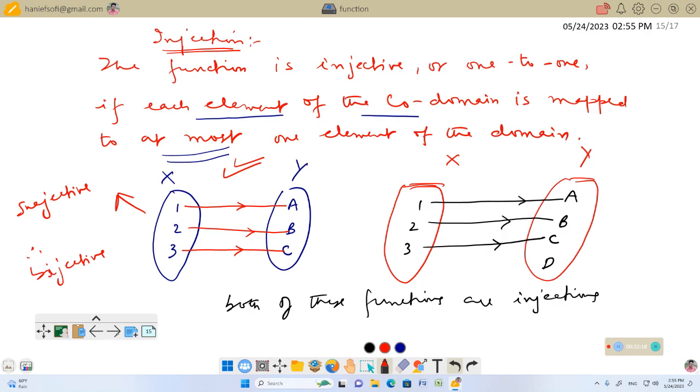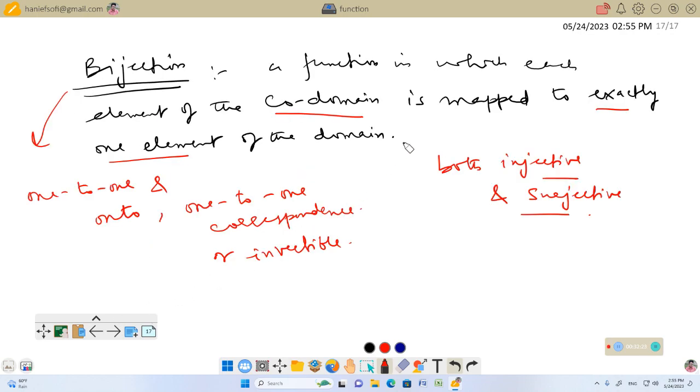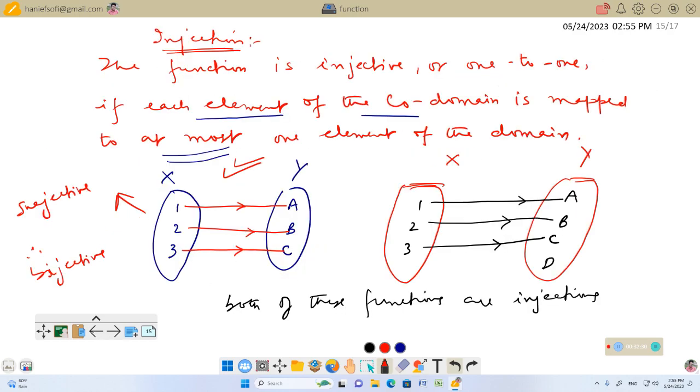Let us move to the definition. Bijection says each element of the codomain is mapped to exactly one element in the domain. So you can see in this particular example, each element of the codomain is connected to exactly one element in the domain. So no element in the codomain is left behind, and each is connected to exactly one. So it is a bijection. It is an injection.